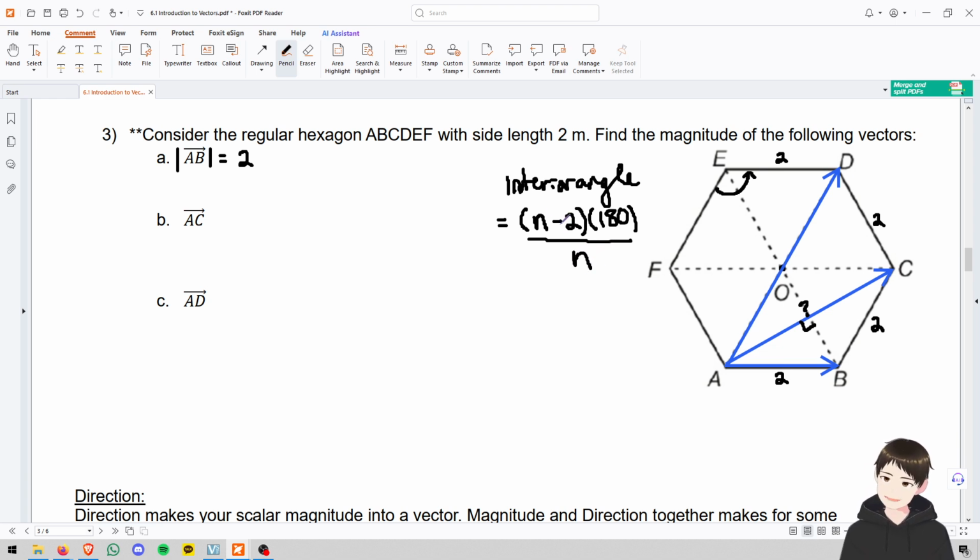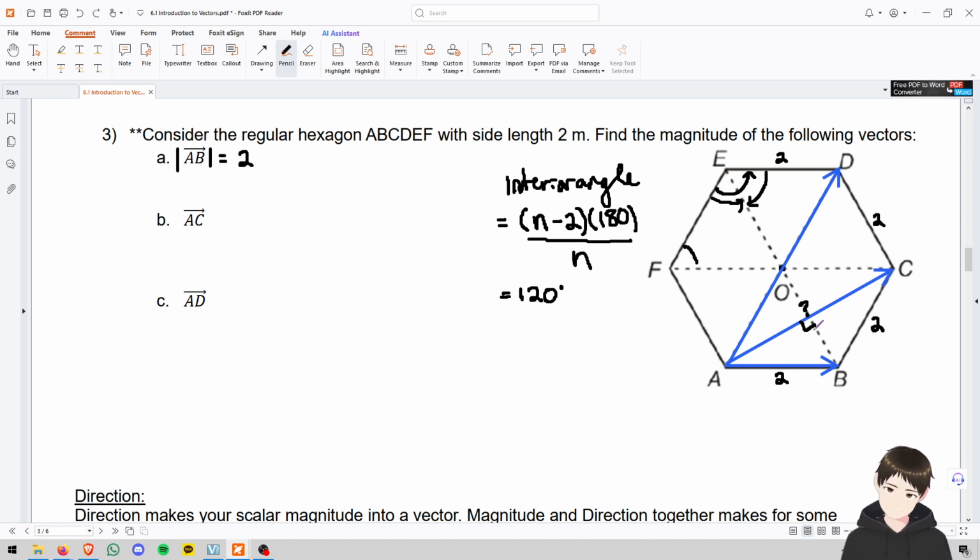In this case, n minus 2 is a 4, multiplied by 180 is 720, divided by 6. Each interior angle is 120 degrees. So this is 120 degrees, which also tells you that this is 60 degrees and that is 60 degrees, which makes sense because these are all equilateral triangles. They have 60, 60, 60 adding up to 180.